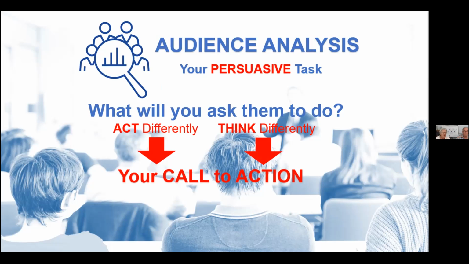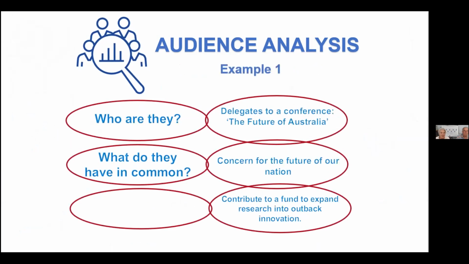To help you put that into context, here's a sample idea that we've thought of. You might be talking to the delegates to a conference which is entitled The Future of Australia. Obviously, because they're attending that conference, their points in common would be a concern for the future of our nation. And you might then decide, given that, I think a fair call to action might be to ask them to contribute to a fund to expand research into innovation in the outback.